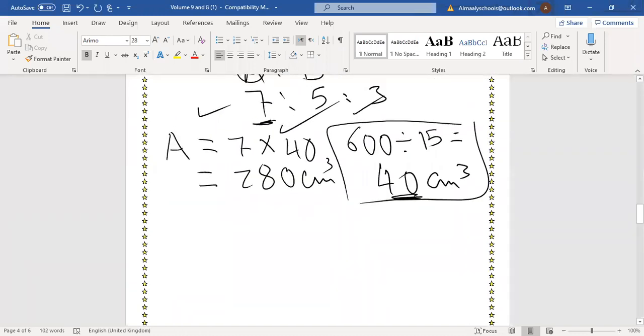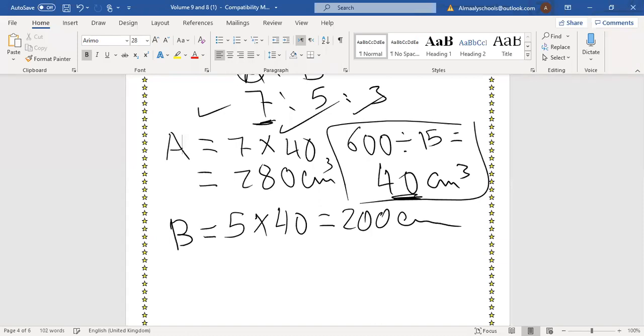Who can complete the volume of B? It will be 5 multiplied by 40 equals 200 centimeter cube.